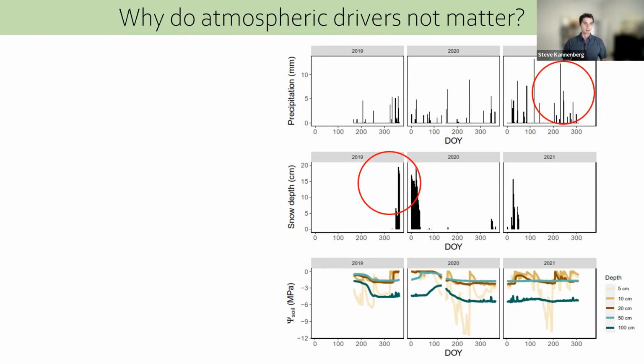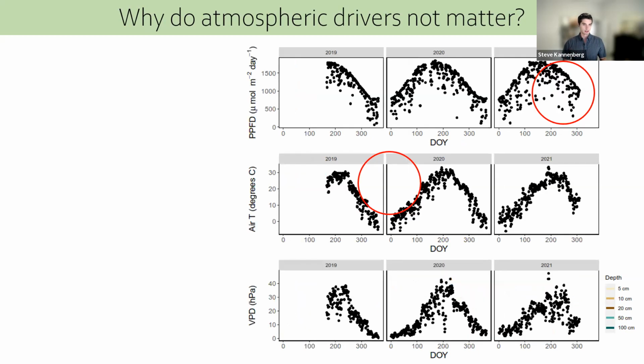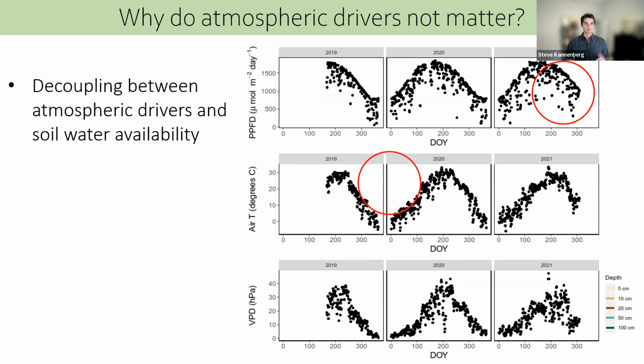We have these two pulses of moisture in late spring and late summer. And during those periods, the other meteorological conditions are actually quite different. During the late spring, it's much cooler, there's lower light availability. And during the late summer, when the monsoon rains come, it's really hot, it's really dry, there's high light availability. So our explanation for this is that there's just this decoupling between what's going on in the atmosphere and what's going on in the soil.